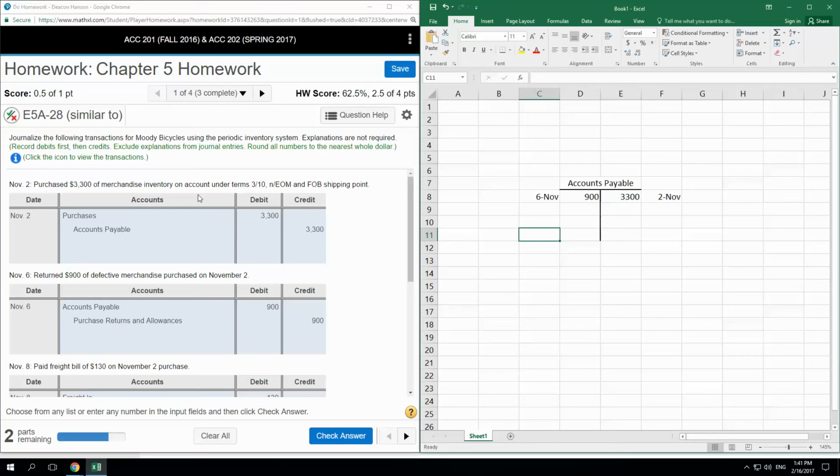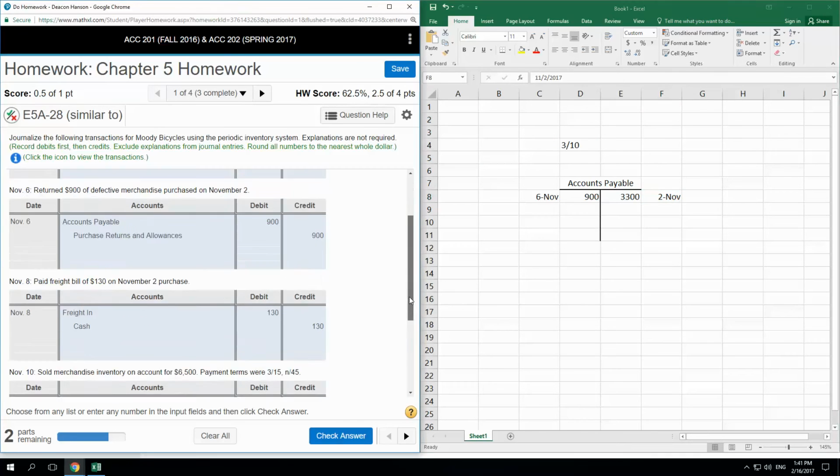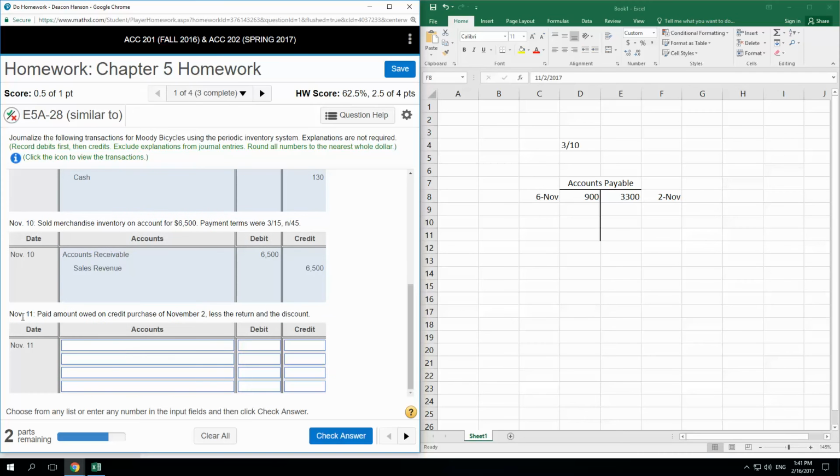Now, remember the credit terms. It says 3% if paid in 10 days. So it looked like this, 3 and 10. So 10 days from November 2nd. We want to double check. Looks like we made it within 10 days because it's November 11th, right? Not November 12th.